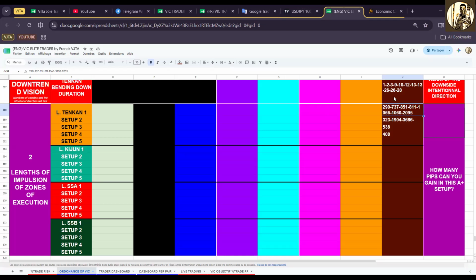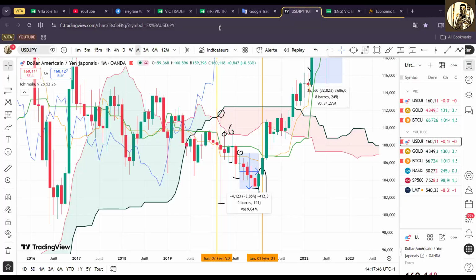In monthly, when Tenkan monthly is touched, it will give you a lot of move, like a minimum move. So that's why when a monthly setup on USDJPY appears, you can actually plan to earn a big chunk.